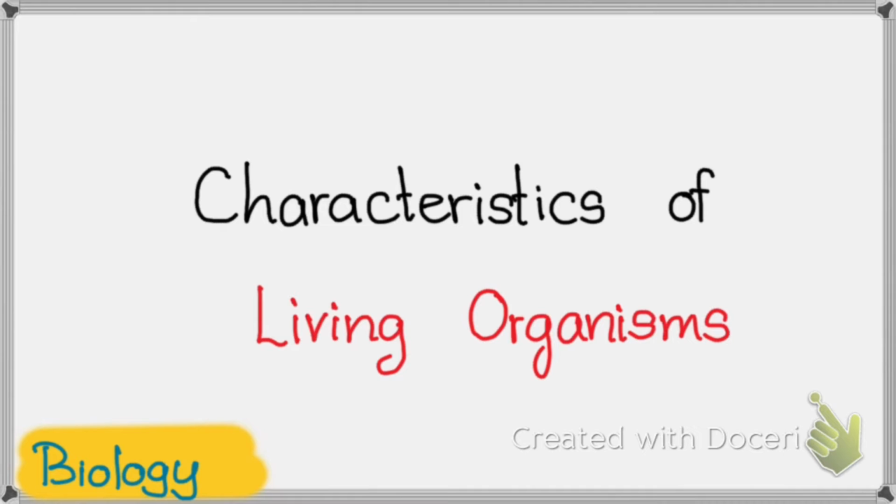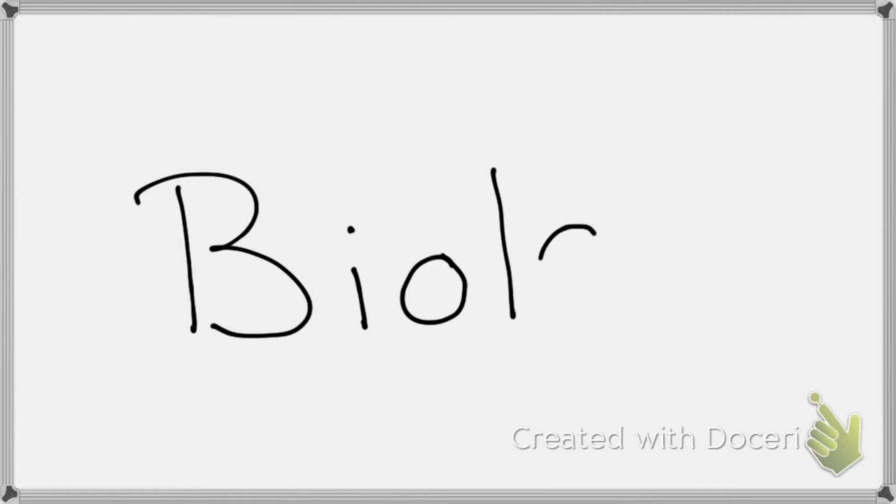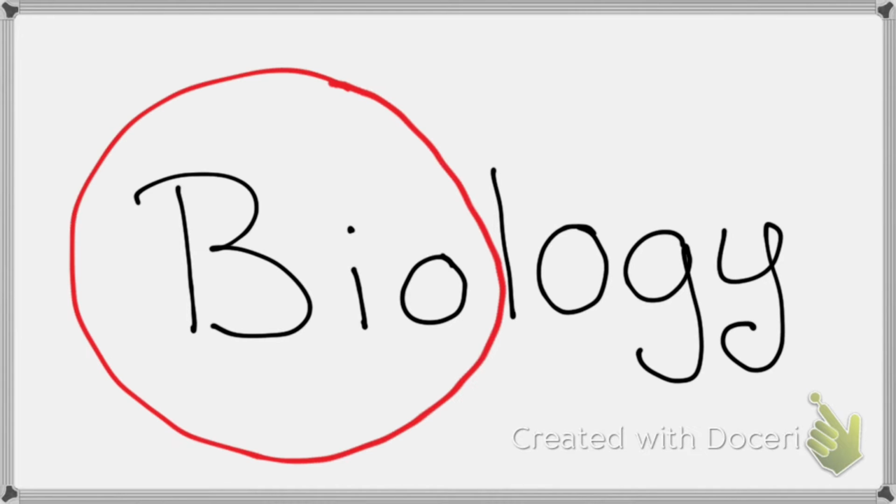That is, how to identify living organisms, differentiated from the non-living objects in the surrounding. When we study biology, the term biology means the study of living organisms. So there should be a way to identify living organisms from the non-living.